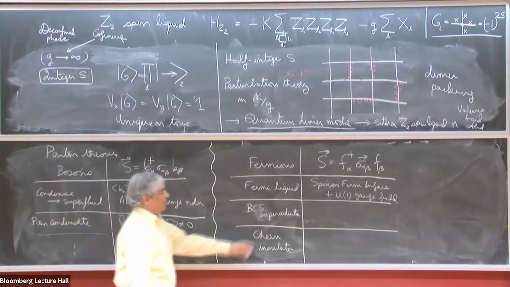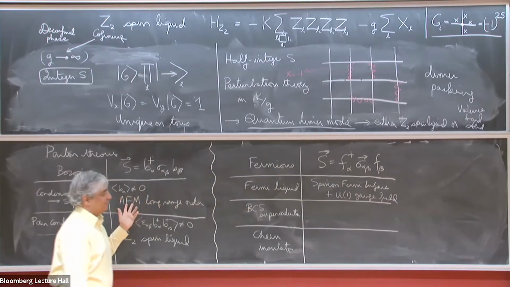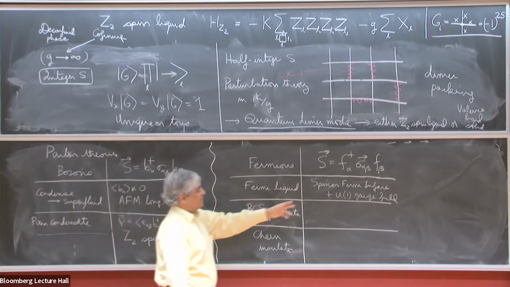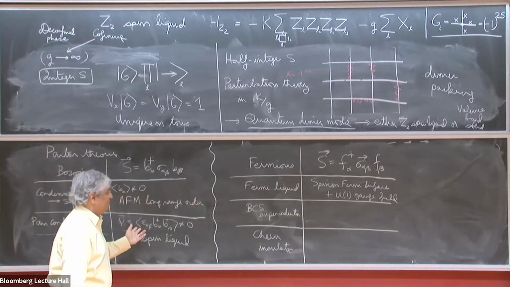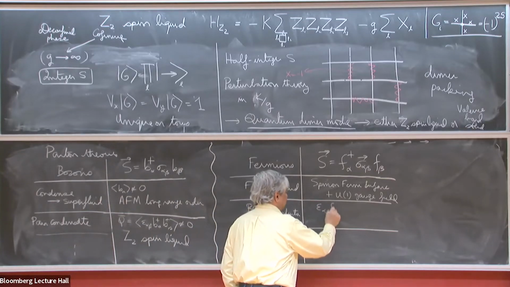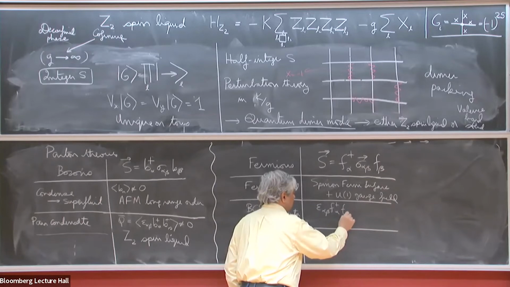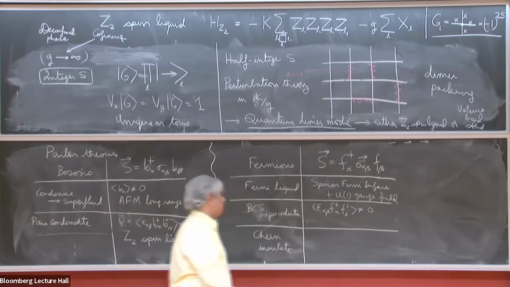Okay, well, fermions, if they want to condense, can't condense on their own, unlike bosons. But they can condense in pairs, just like here. So you could imagine a BCS condensate. And what does this give you?